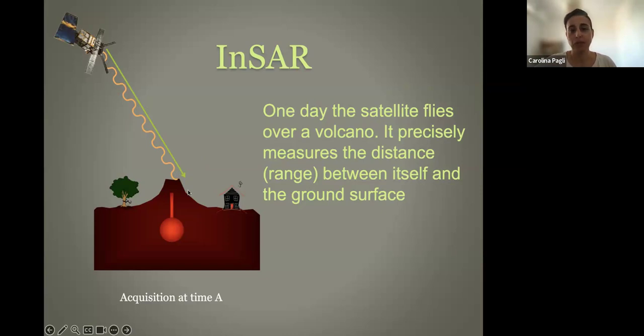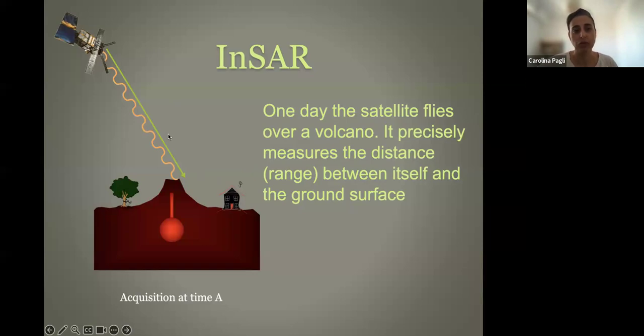So practically we have a measurement of this distance, like in the sketch. Since the satellites continuously orbit the Earth, let's assume that at time A, the satellite makes an acquisition over, let's say, an active volcano, and precisely measures this distance.